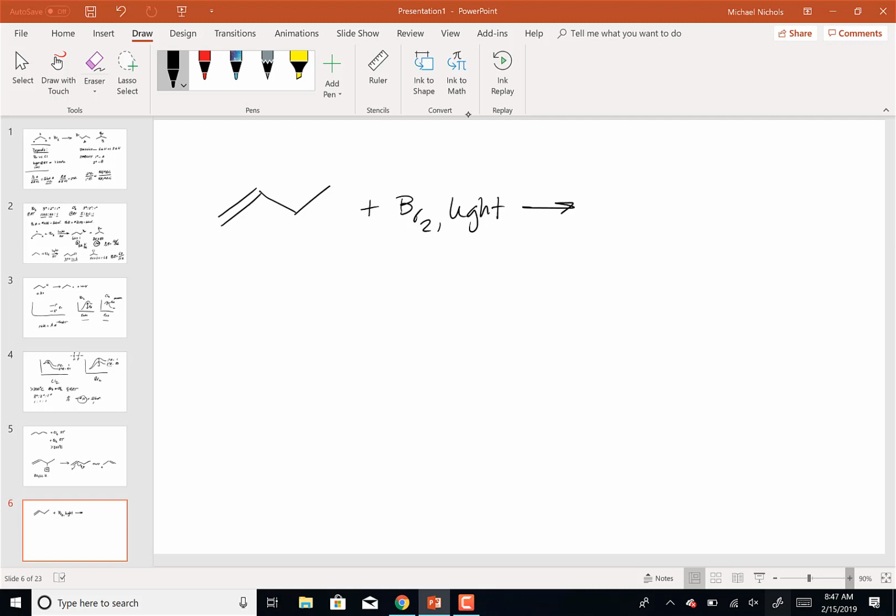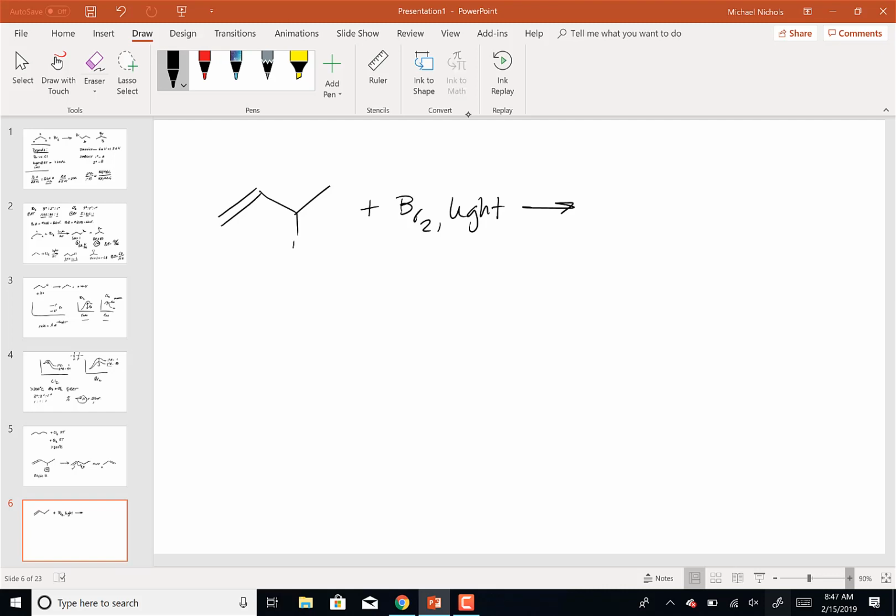The secondary, but also the allylic. That's the whole discussion, it was over allylic.